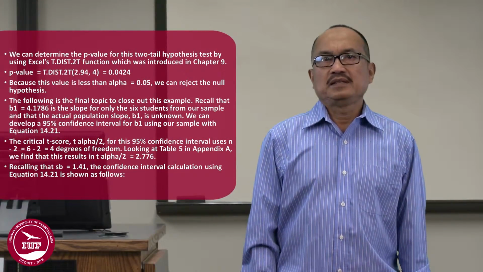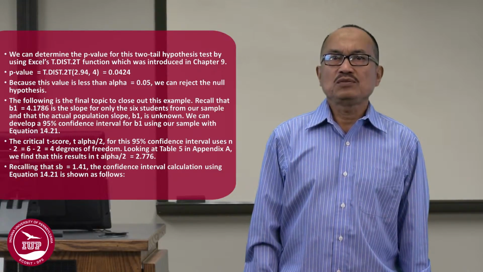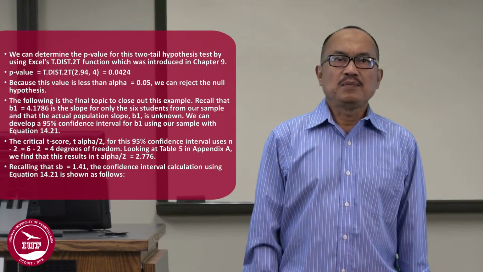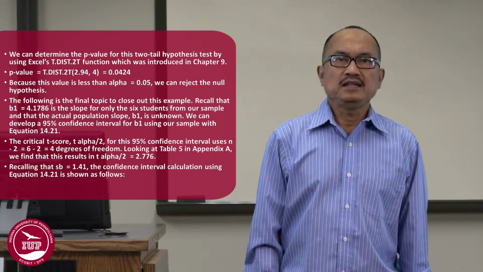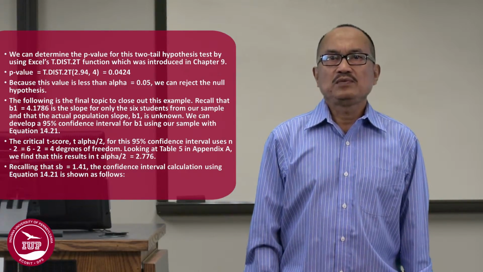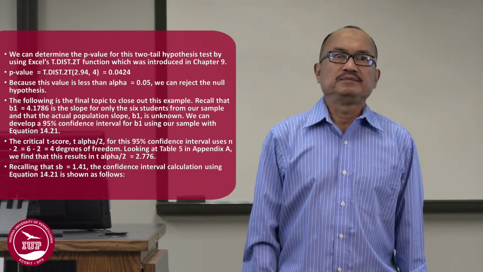We can determine the p-value for this two-tailed hypothesis test by using Excel's T.DIST.2T function, which was introduced in Chapter 9.